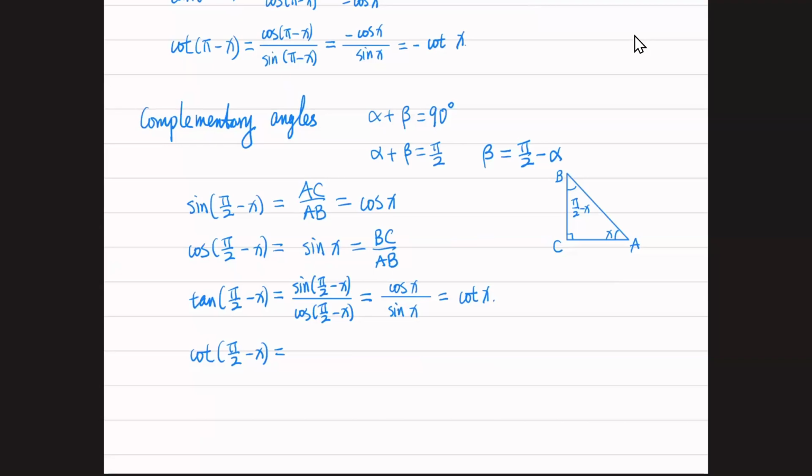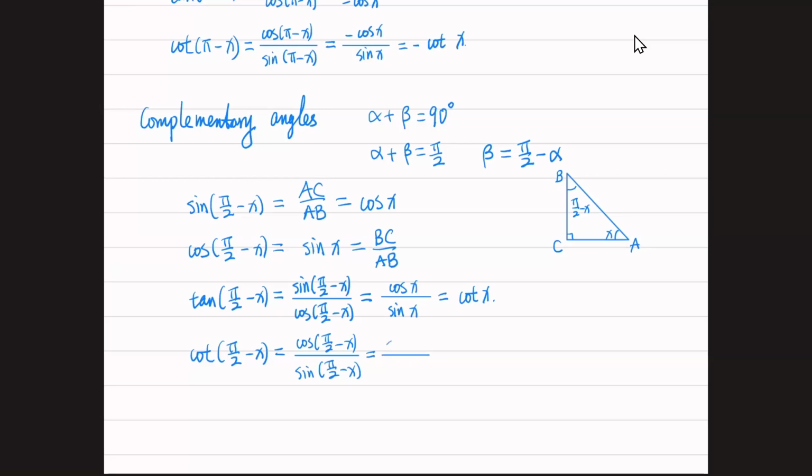And Jessica, next, last one. How do we define cotangent? Wait, I forgot. It will be cosine over sine. Oh yeah. Okay, now let's simplify this.